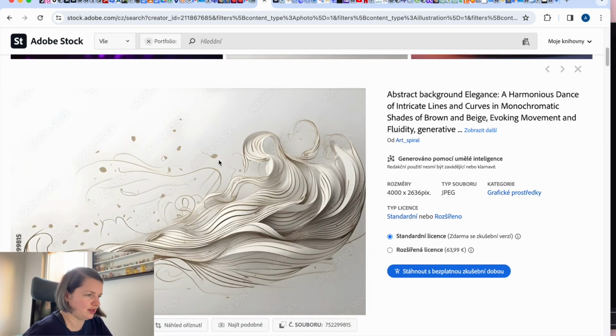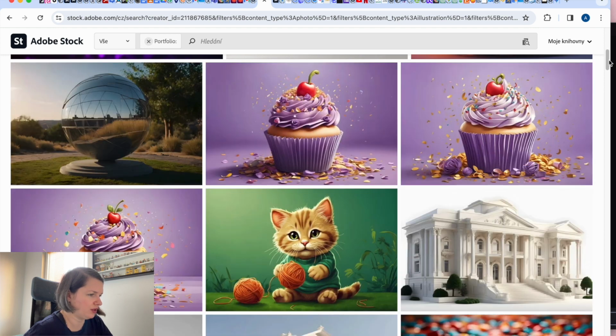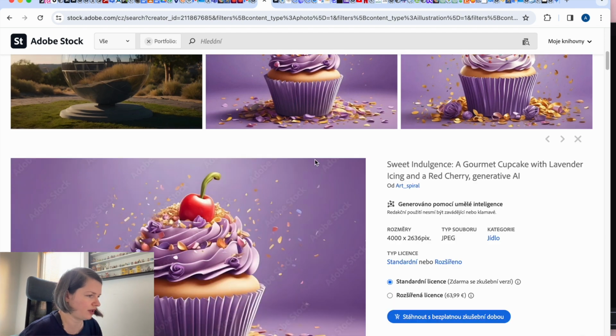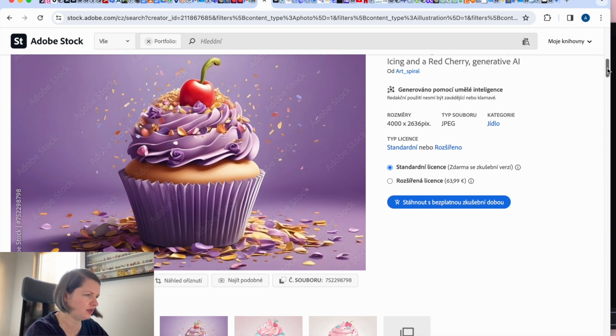So this is not a great image in my opinion. Looking at a cupcake, it's a nice cupcake, but it's not exactly an illustration, and it's also not exactly photorealistic.